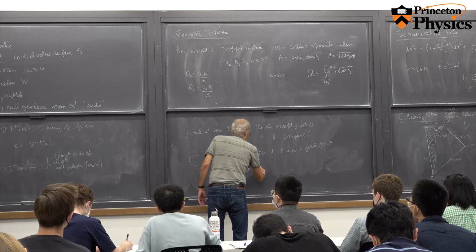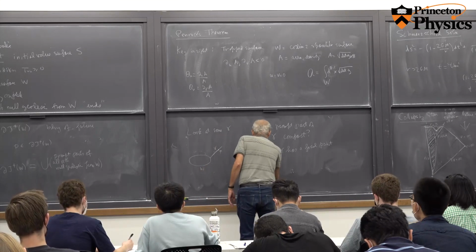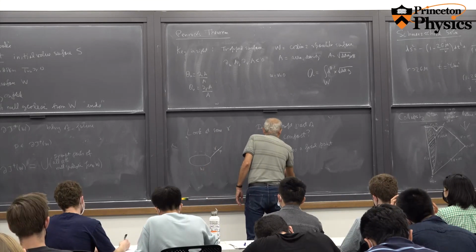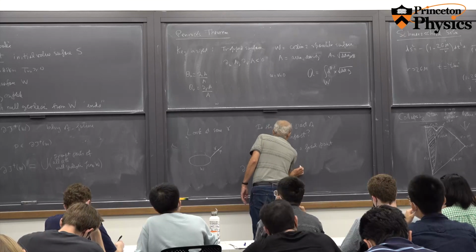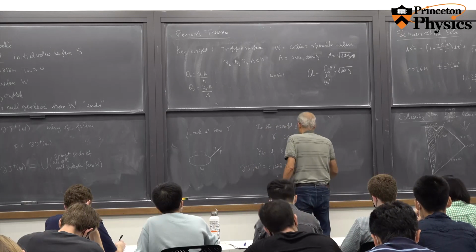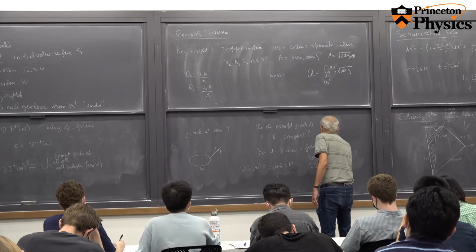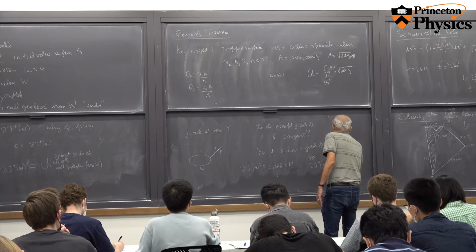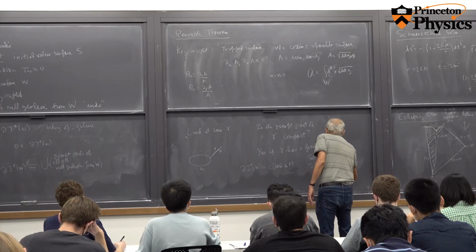Okay. We use the fact that the boundary of the future of W is closed in M. So by set theory, this is actually what I should have said first, its intersection with gamma is closed in gamma.